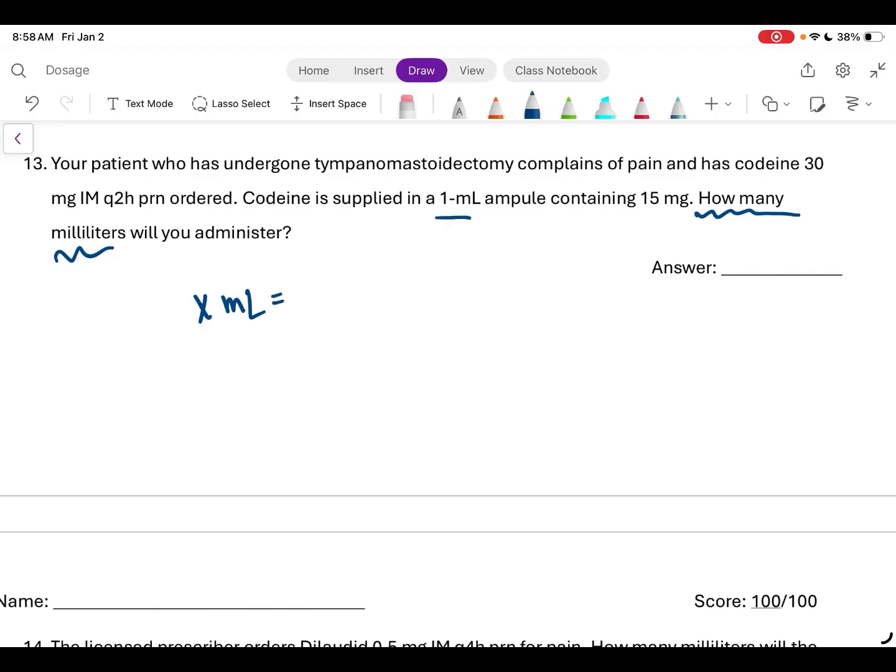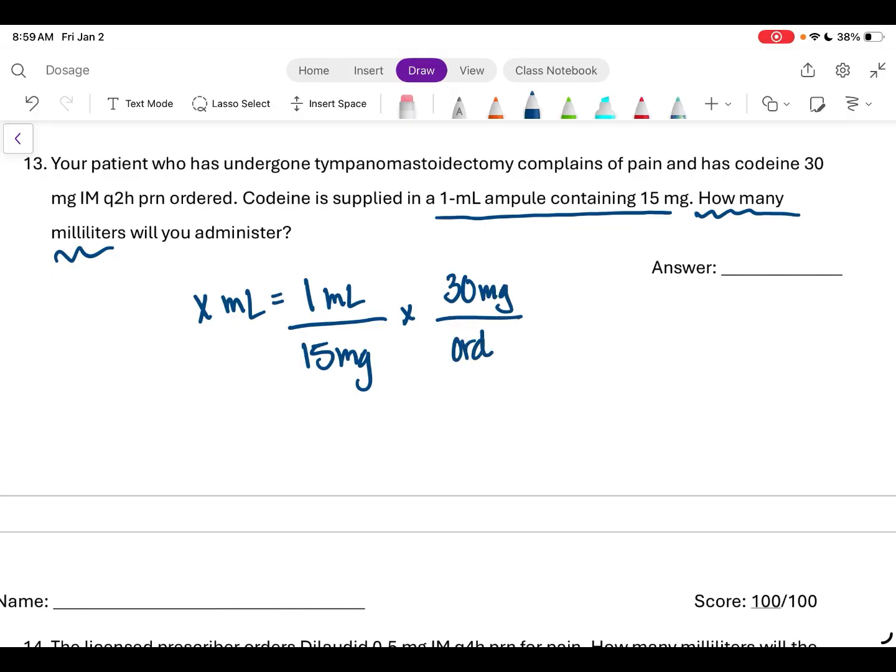Right here it's telling us that 1 milliliter is equal to 15 milligrams. And our order said 30. 30 divided by 15 is 2.